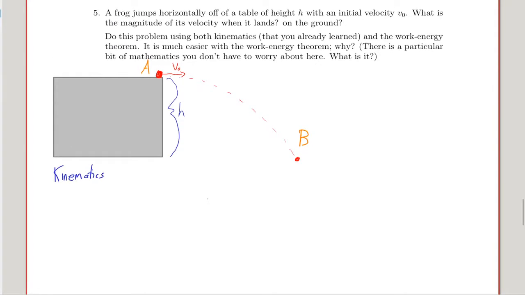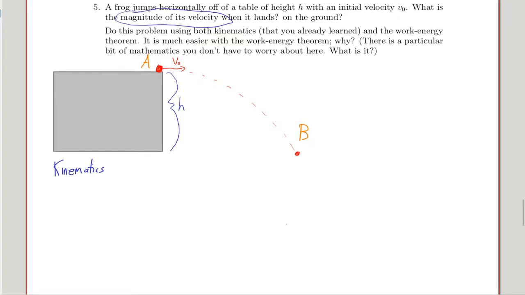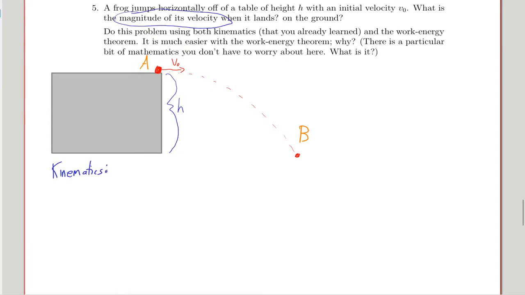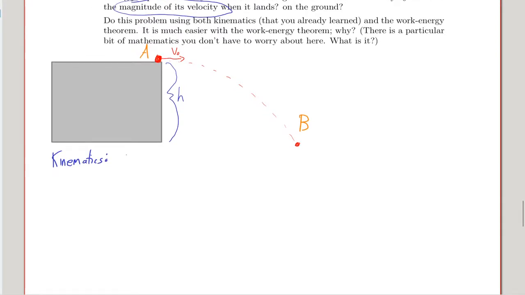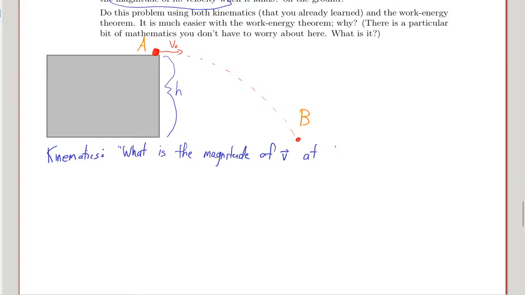So we're answering the question, what is the magnitude of its velocity when it lands? So what I need to find is the magnitude of v at the time when y equals 0.